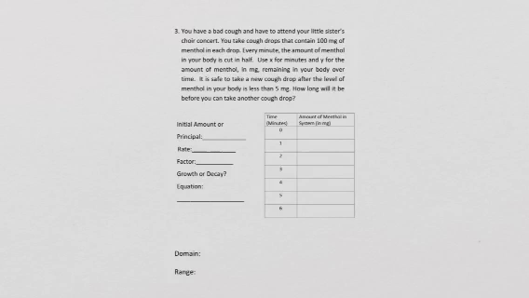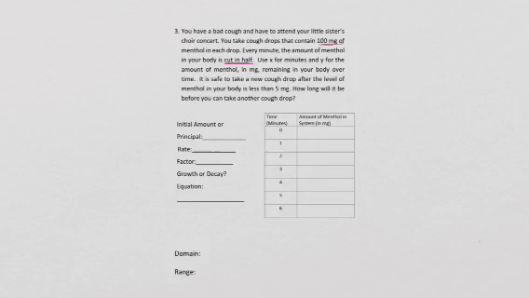On problem number 3, you have a bad cough and have to attend your little sister's choir concert. You take cough drops that contain 100 milligrams of menthol in each drop. Every minute, the amount of menthol in the body is cut in half.